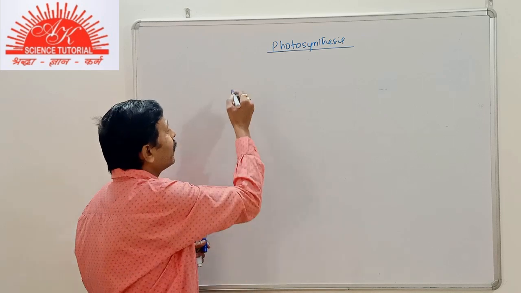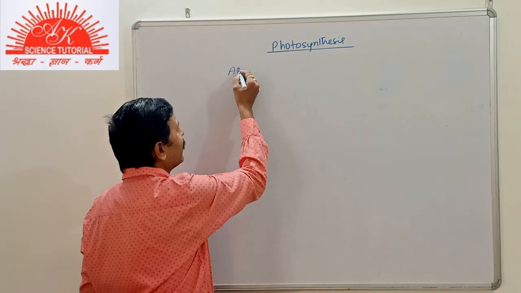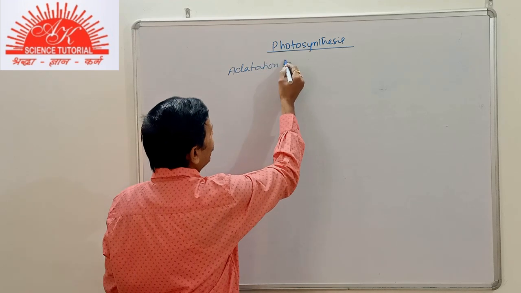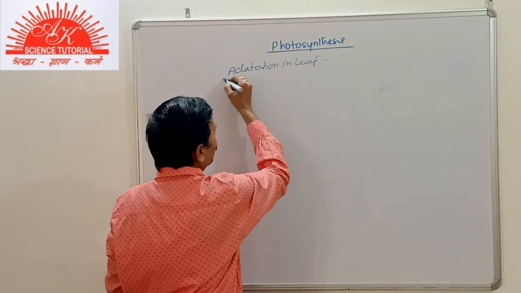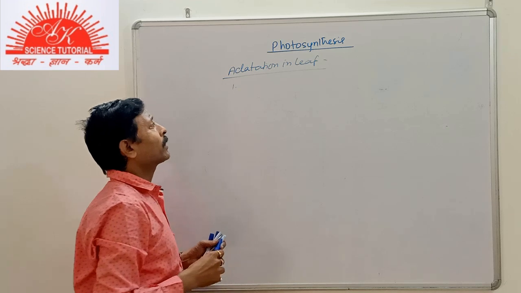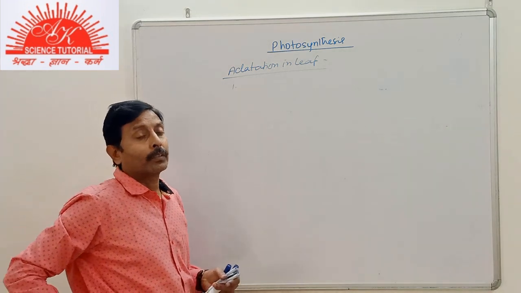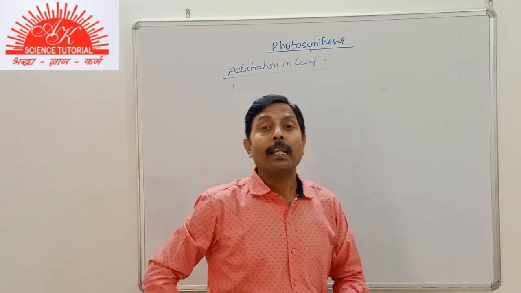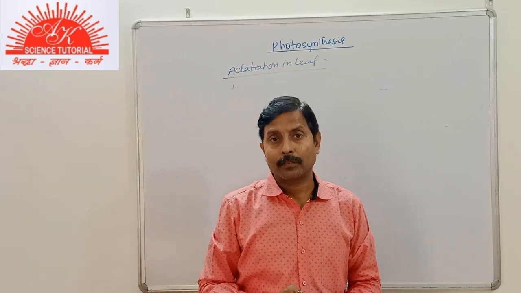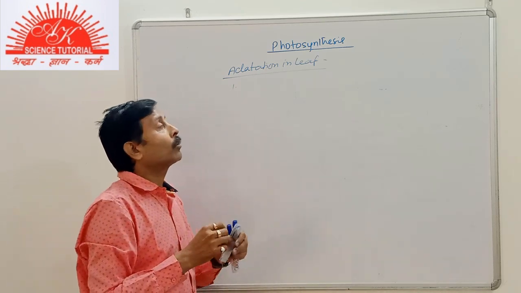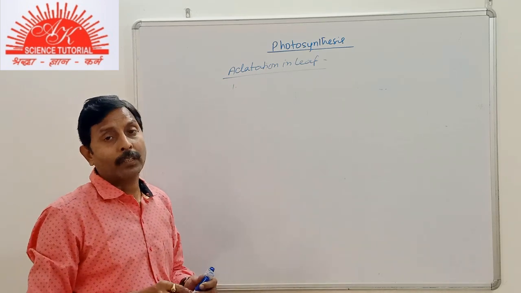So there are many points related to it, that is adaptation in leaf. First, as you know, the leaf has a large surface area by which it can absorb the maximum amount of light energy.